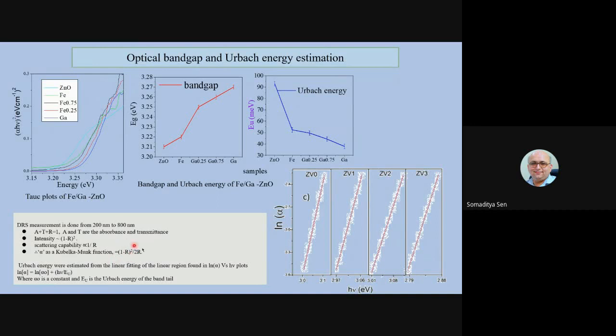Okay. So now from this, if we calculate the absorption data and then make the 1 minus R and all these calculations, we can get the alpha. Then we multiply alpha by h nu, square it, and then get this Tauc plot.